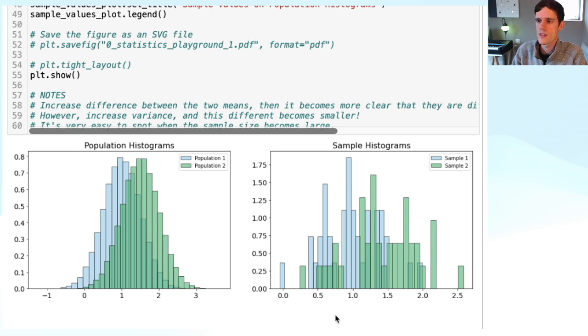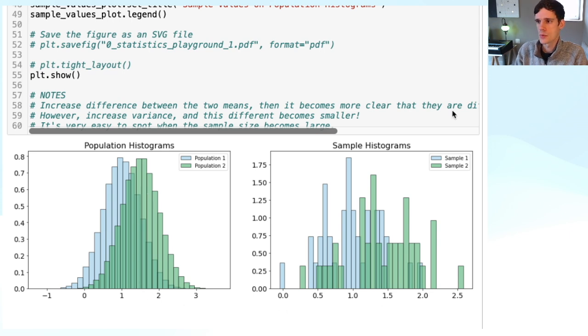Additionally, for these sample histograms, it's difficult to derive around which value they are centered and thus what the average value is. For instance, for sample 2, the green histogram, it's very difficult to really see that it is centered around 1.5, even though the population from which it is derived is clearly centered around the value 1.5.